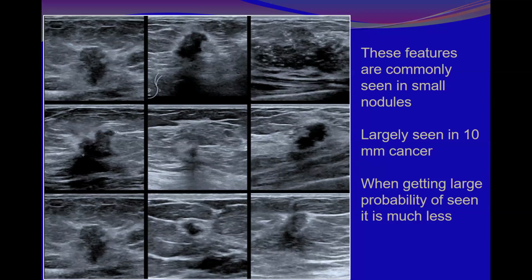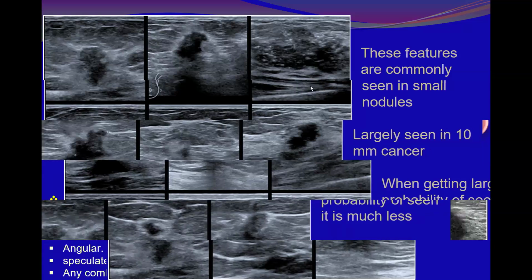But when it gets large, the probability of seeing this antiparallel and this tennis racket appearance and the reverse one is low and it is difficult to visualize. If you see here, these are a little bit small, so you can visualize it. But look at this one now, a big lesion, we don't know how it started. Was it like that, or from the beginning was it horizontal?